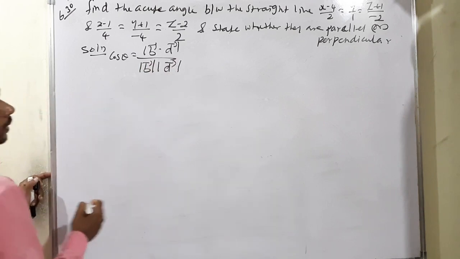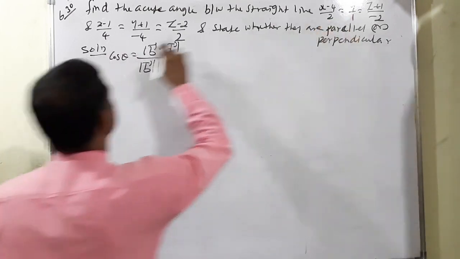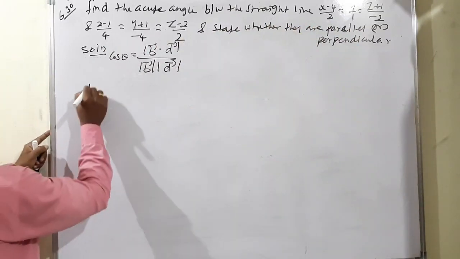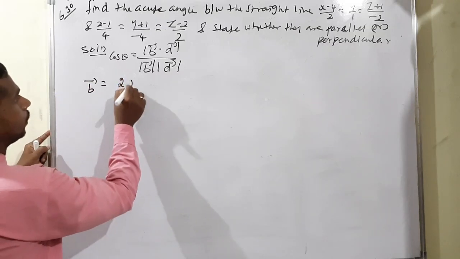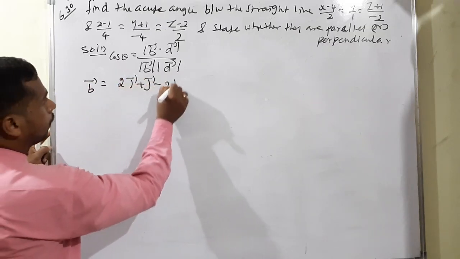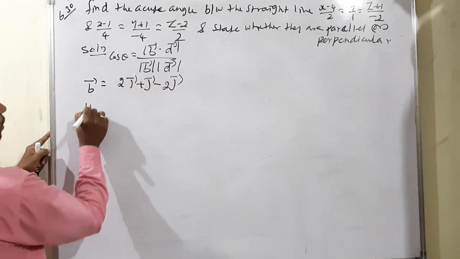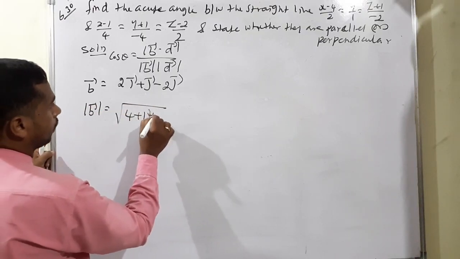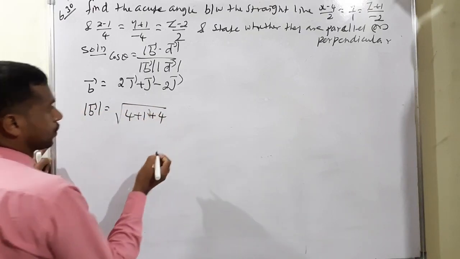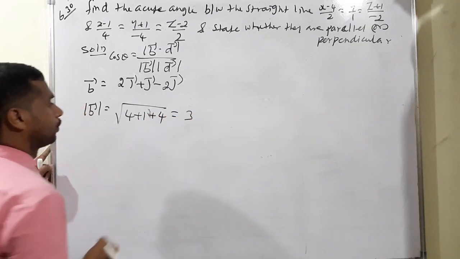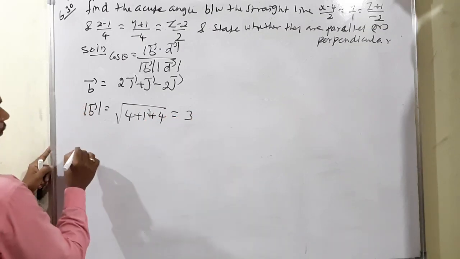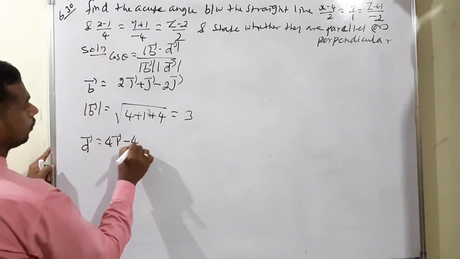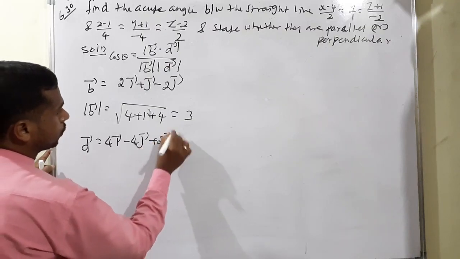The denominator part is B vector and D vector; the numerator I already told you is the dot product. So B vector is equal to 2 I vector plus J vector minus 2 K vector. The modulus of B vector is the square root of 4 squared plus 1 squared is 1, plus minus 2 the whole squared means positive 4. Therefore, the value is 3.